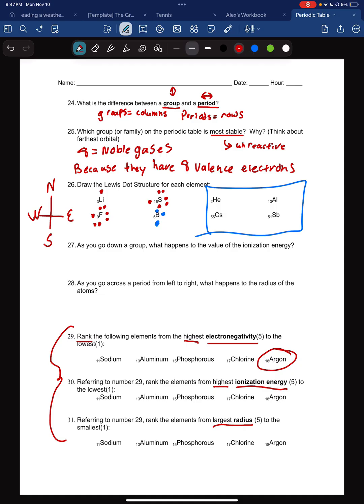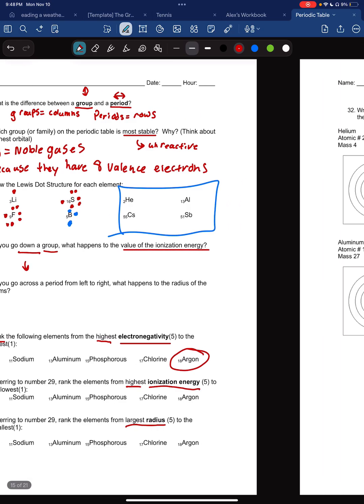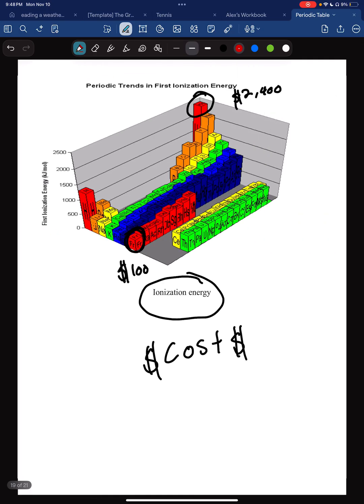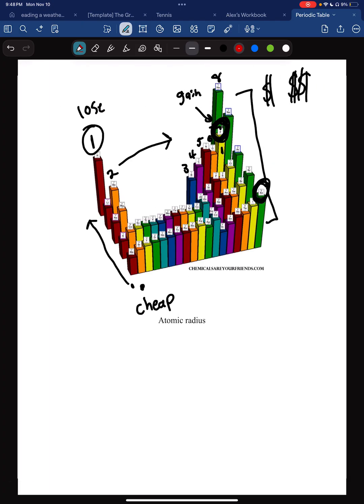So 27. As you go down a group, so down a vertical column, what happens to the value of the ionization energy, right? So what happens to the cost? So we have to look at our picture here. All right, let me erase all this.